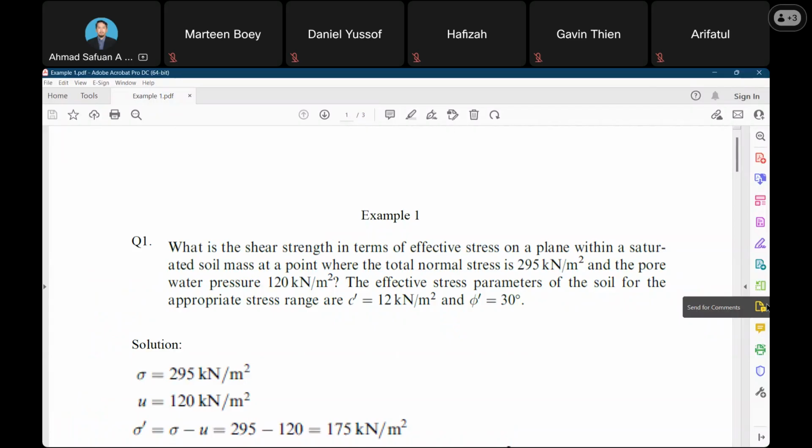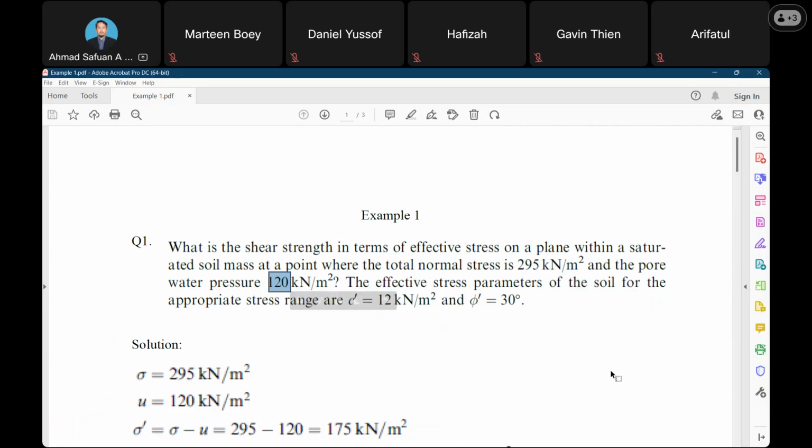The effective stress parameters of the soil for the appropriate stress range are C equal to 12 and phi equal to 30. First, we are given the total normal stress, 295, and also the pore water pressure.